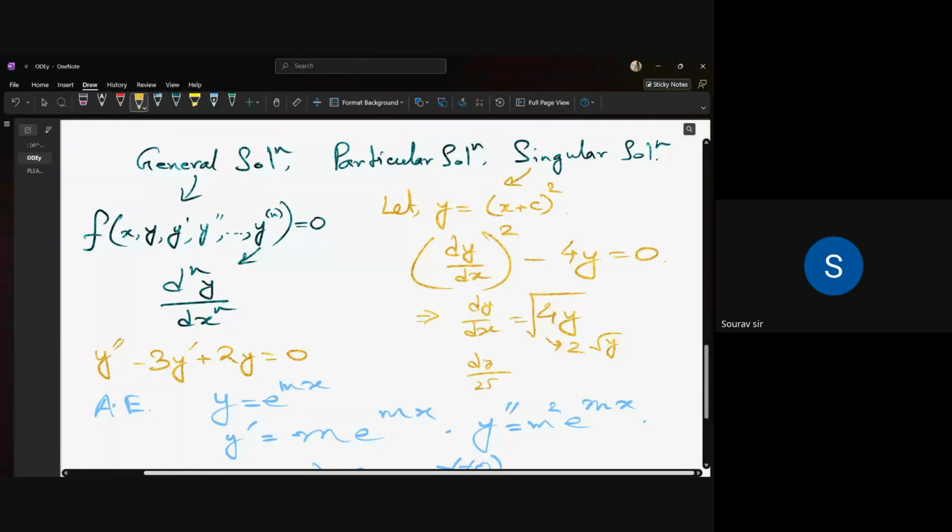So now we can also verify that y equals 0 is a solution, but y equals 0 cannot be obtained by any choice of c. Okay, we can also verify that y equals 0 is a solution of this, but y equals 0 cannot be obtained by any choice of c. So our y equals 0 is a singular solution here. Okay.